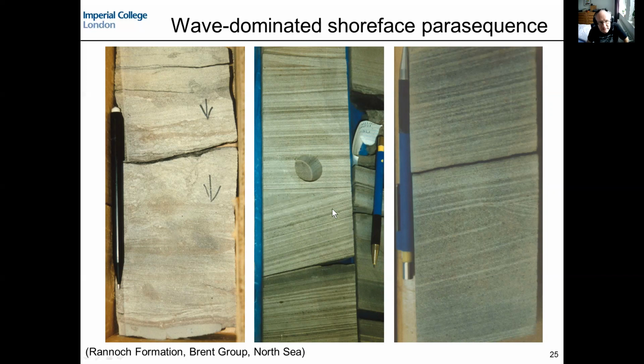We also see in this middle photograph places where, remember our core is quite narrow, just maybe 6 or 7 centimeters across, we see packages of laminations which are parallel. Then there's a break in angle of just a few degrees, some more parallel laminated, another parallel laminated unit, another break in angle, another parallel laminated unit. This is what hummocky cross stratification looks like in core.